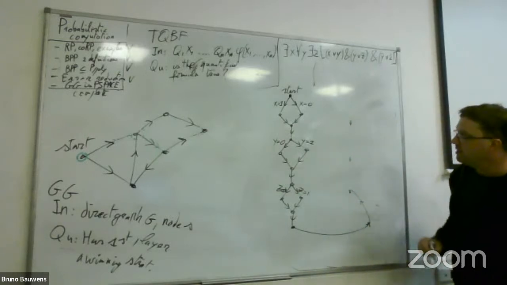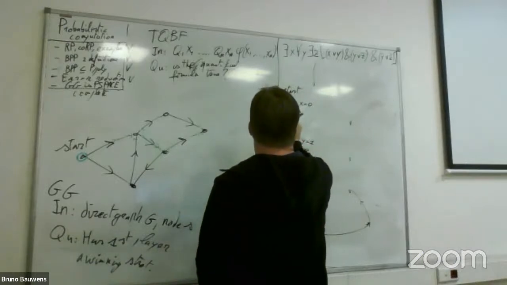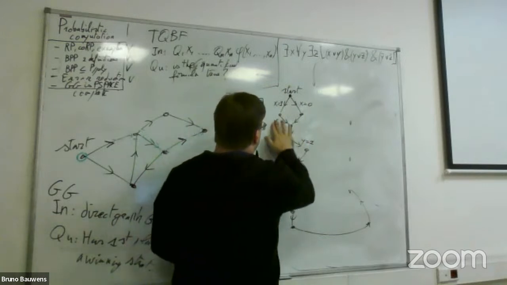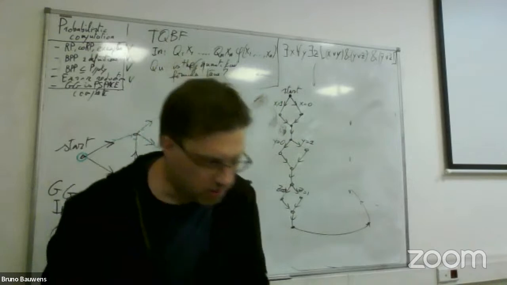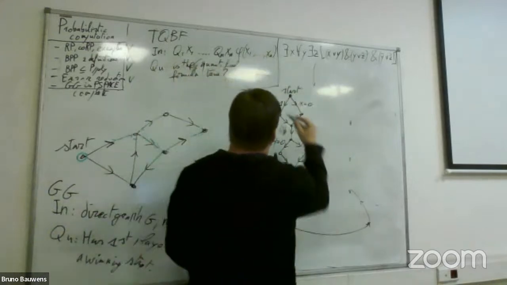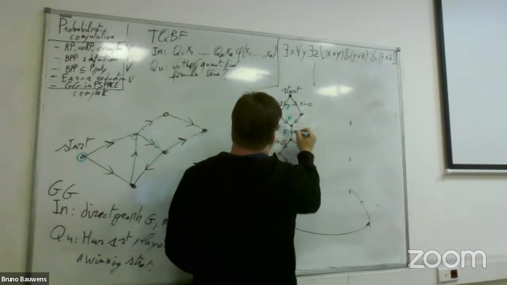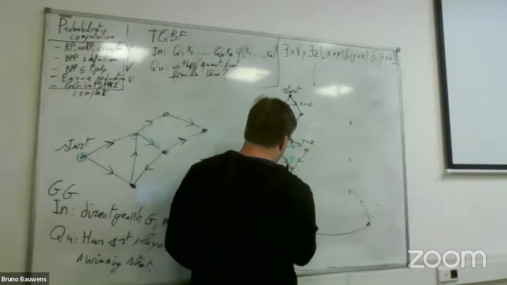The plan is that here is the exist player, here goes the for all player. I'm just marking the edges so that I get the construction right. So there is exist, for all, exist, for all, exist, for all.